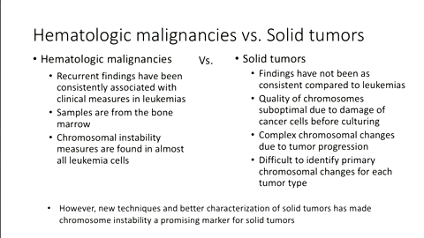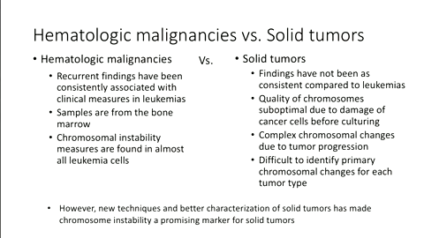In hematologic malignancies versus solid tumors, recurrent findings have been consistently associated with clinical measures in leukemias, and the samples are found in the bone marrow. The chromosomal instability measures are found in almost all the leukemia cells, whereas in solid tumors, the findings are not as consistent compared to leukemias.